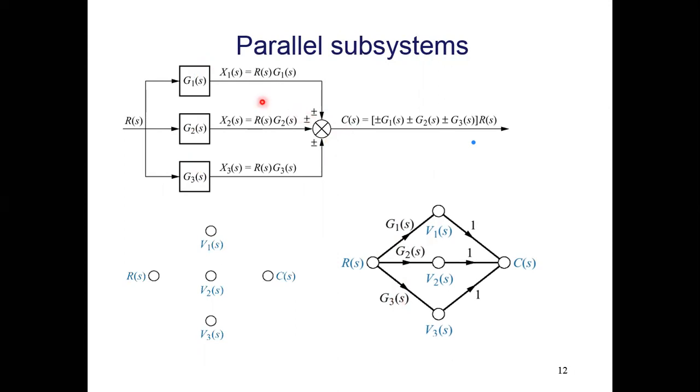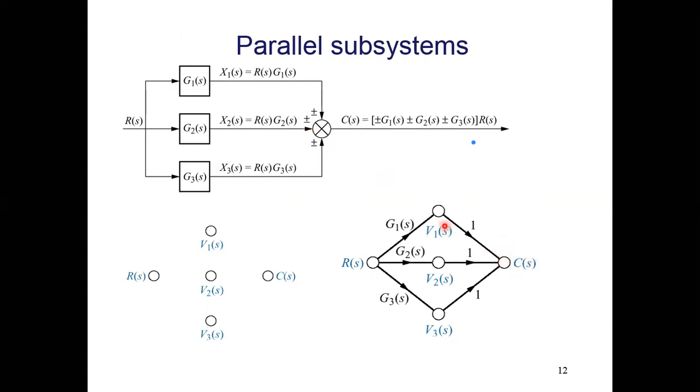Now, we have to replace this summing junction. To replace the summing junction, we need unity gains, because we cannot represent our sign here.